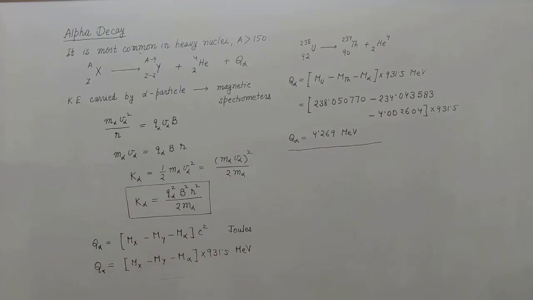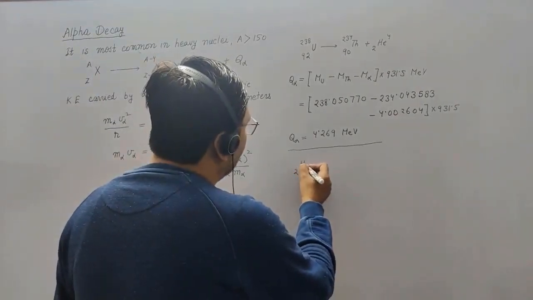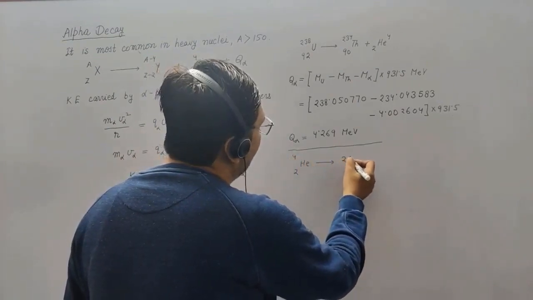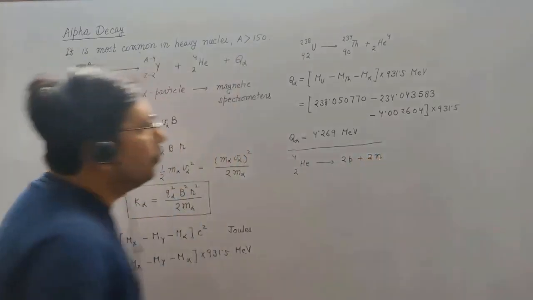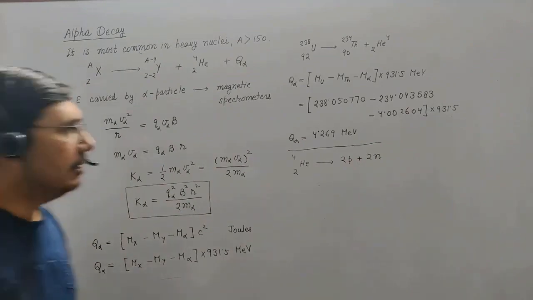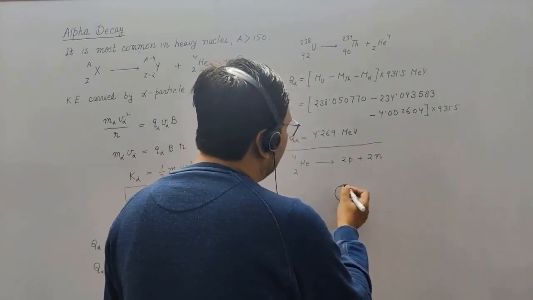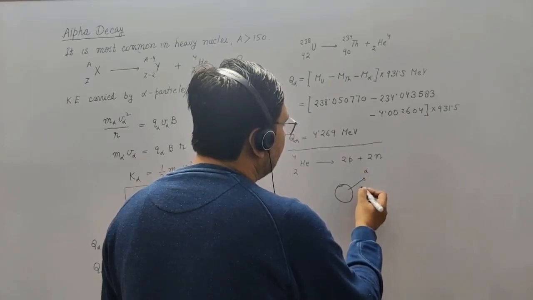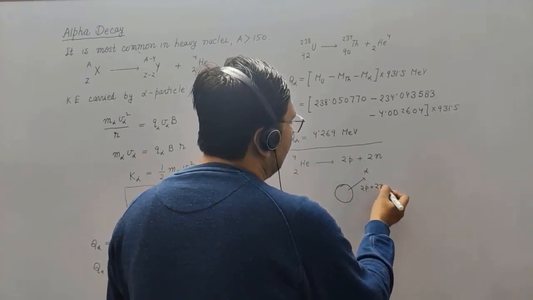So this alpha nuclei, 2He4 nuclei, consists of 2 protons plus 2 neutrons. So if this is any nuclei, and this alpha particle is coming out of it, it means 2 protons plus 2 neutrons are coming out.